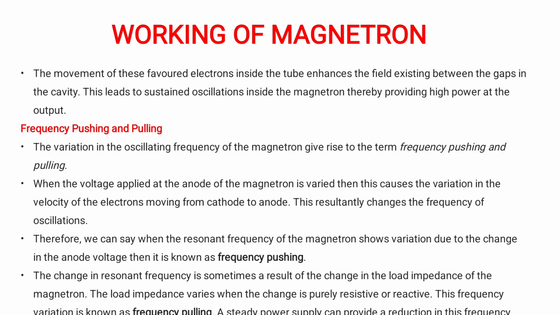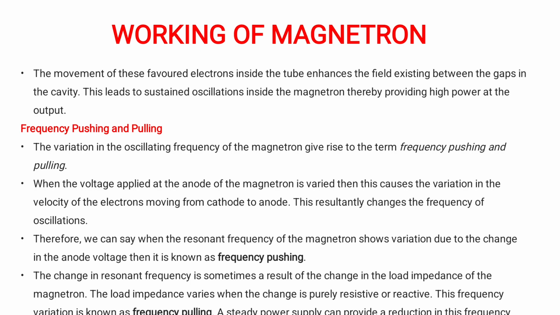So next we need to know about what frequency pushing and pulling are. The variation in the oscillation frequency of the magnetron gives rise to the terms frequency pushing and pulling. When the voltage applied at the anode of the magnetron is varied, this causes a variation in the velocity of the electrons moving from cathode to anode. This resultantly changes the frequency of oscillations.